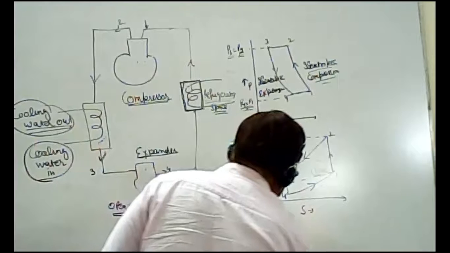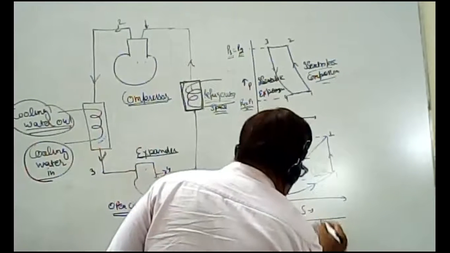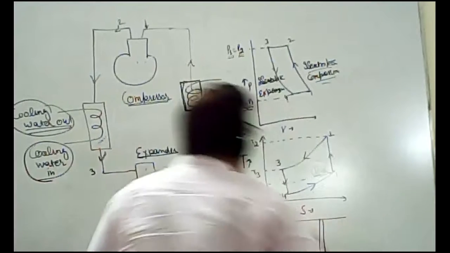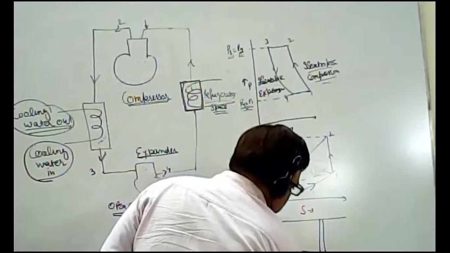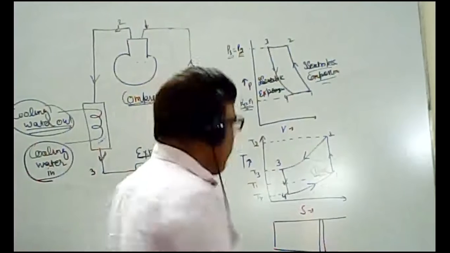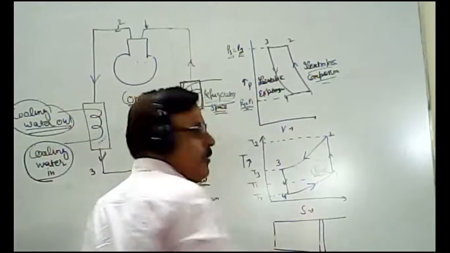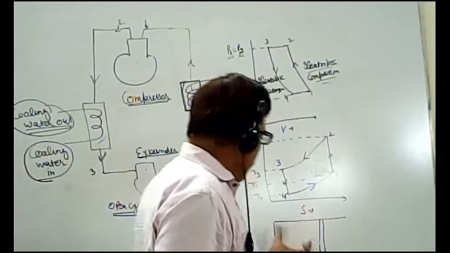So look here, this is your cylinder piston arrangement. When the compressor is working from bottom dead center to top dead center, what will happen? It has maximum specific volume. So it is going to compress.